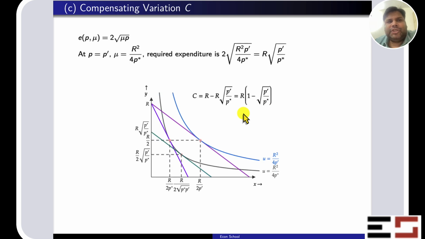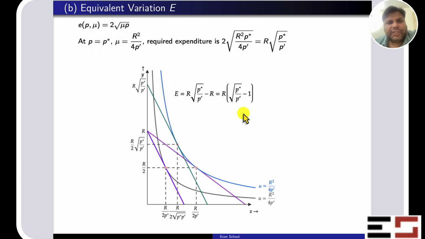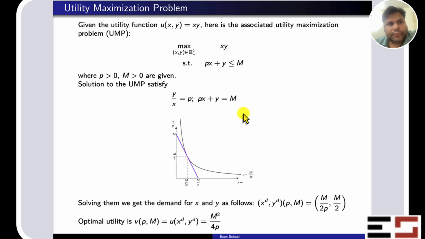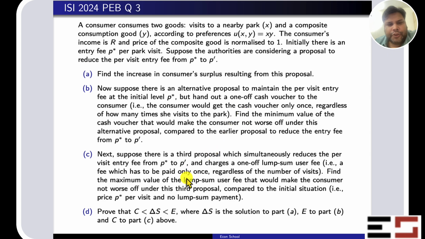Okay. Similarly, we can do the C part. So what is the C part? The C part says that if at the new prices some amount of lump sum fee is also charged from you, what could be the maximum value of the lump sum fee that could be charged from the consumer so that the consumer becomes indifferent between the initial situation and the new situation?